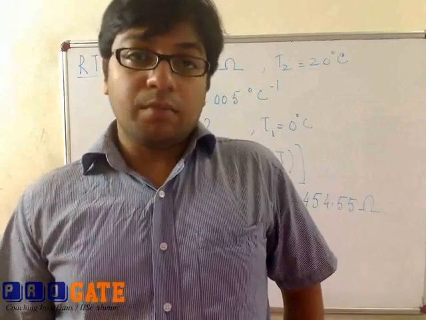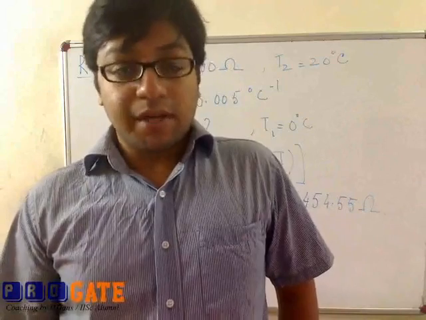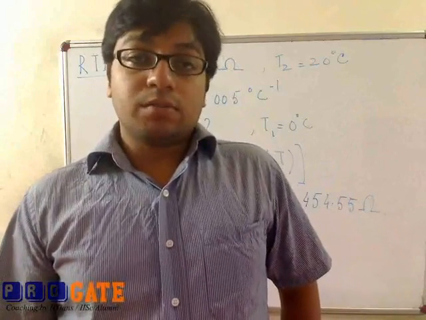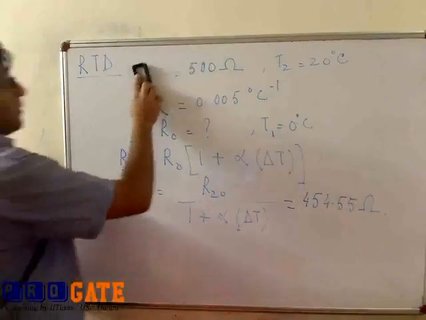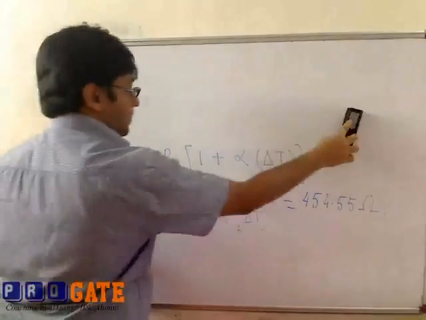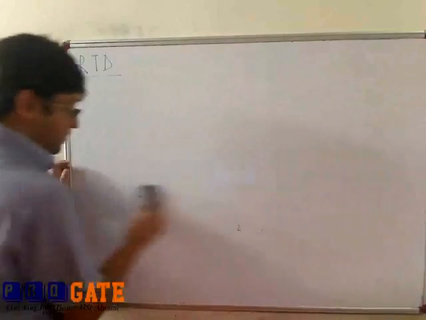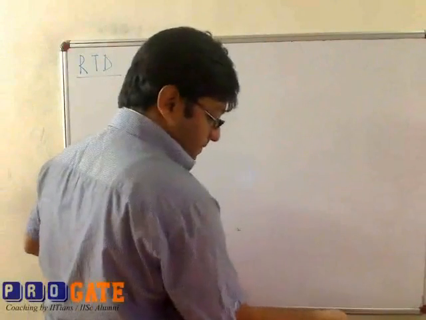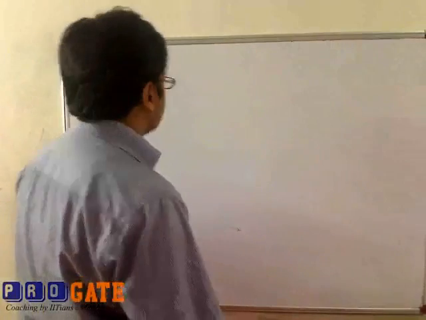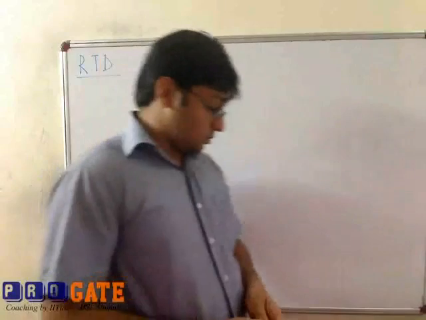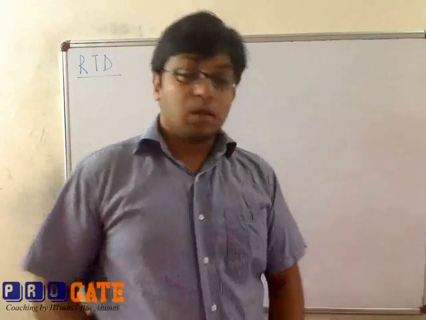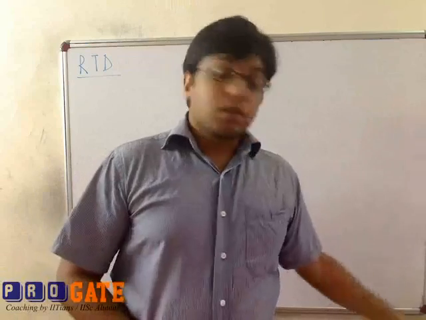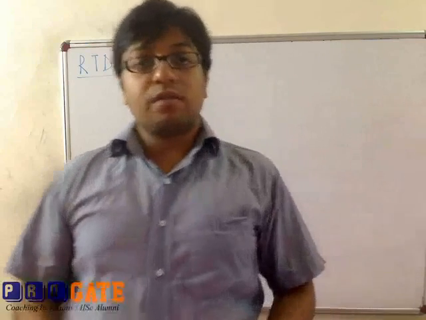Now we will see another sum wherein we use the concept of quadratic approximation as well as linear approximation and see what the difference is. The question says that there is an RTD whose nominal value of resistance, that is R0, is 102 ohms.